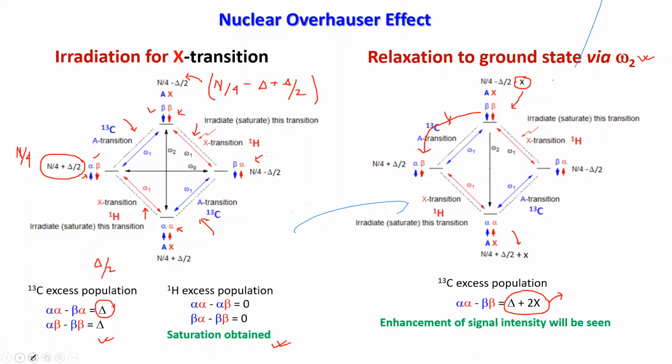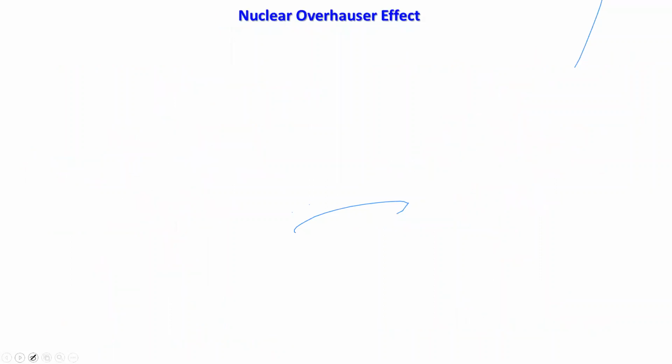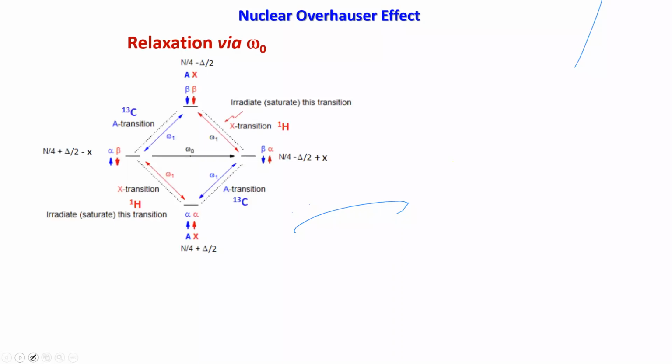Now let us consider the relaxation via zero quantum transition. If it is relaxing via zero quantum transition, what is going to happen? Zero quantum transition means alpha beta is changing to beta alpha.